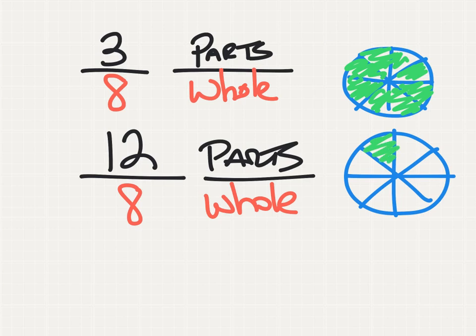If I ate all 8 in that first pizza, to have eaten 12 slices means I must have eaten 4 more, which looks like I've eaten one entire pizza and half of another. So I suspect that the improper fraction 12/8 can be renamed to the mixed number 1 and 1/2. They represent the same amount. And let me show you how we do that.